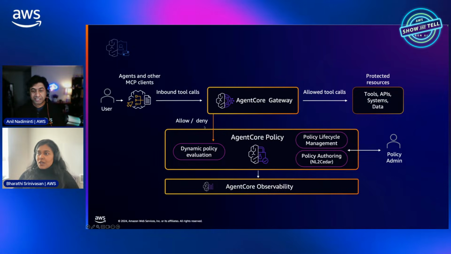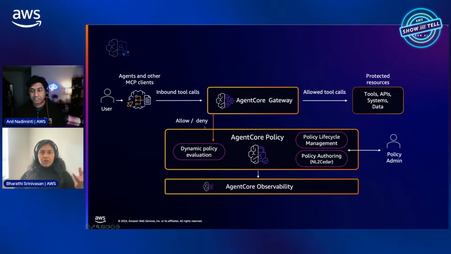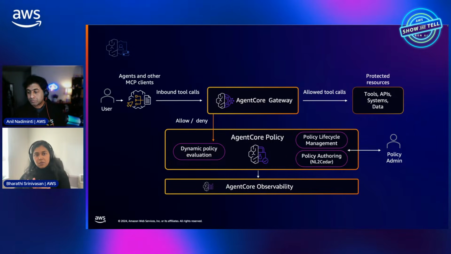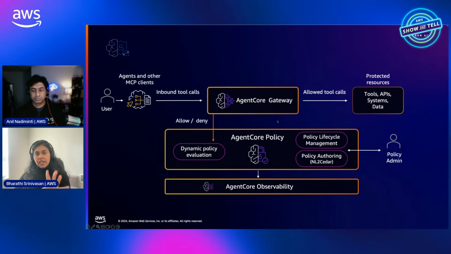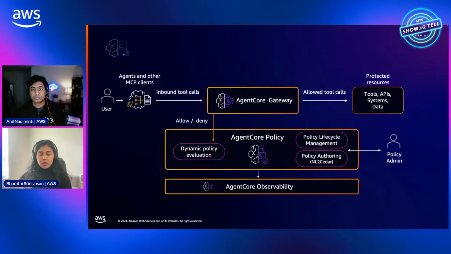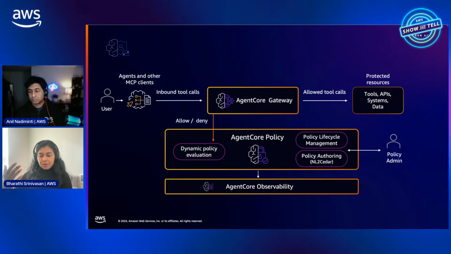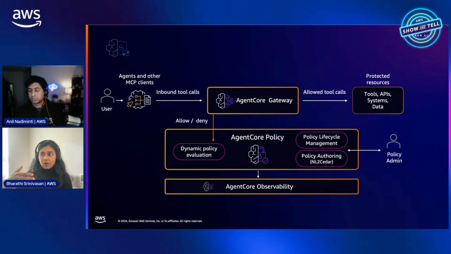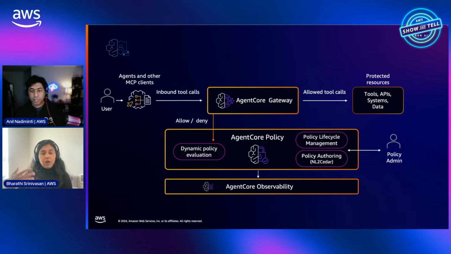So irrespective of where your agent is hosted, the primary point of enforcement for policy is AgentCore Gateway. So if Gateway is configured as your typical pattern where all the tools are added as targets and your agent is interacting through the gateway, now you will be able to attach a policy engine to it.